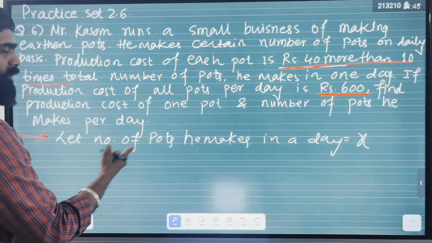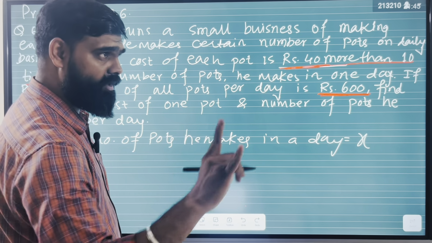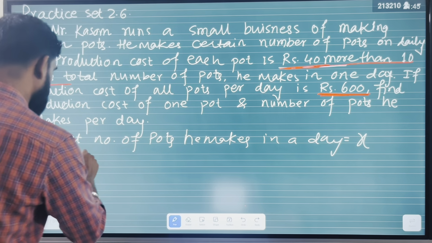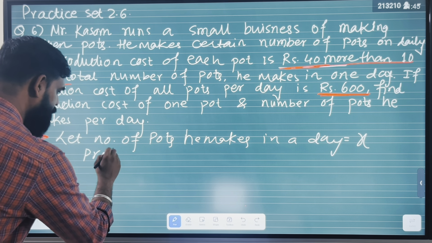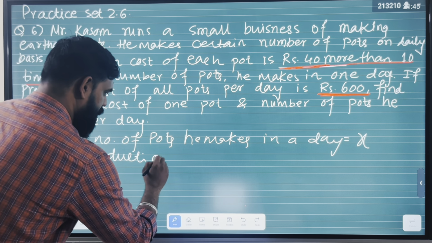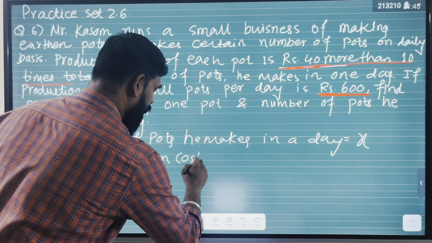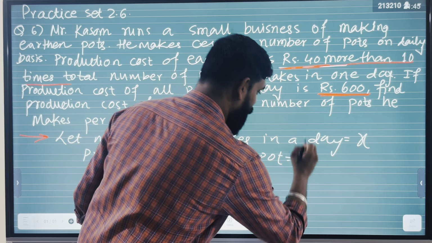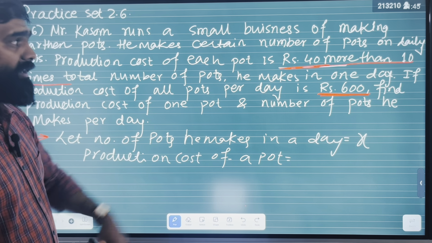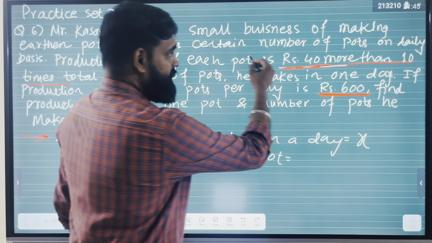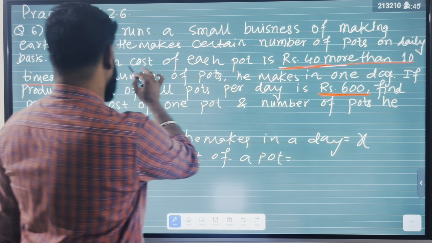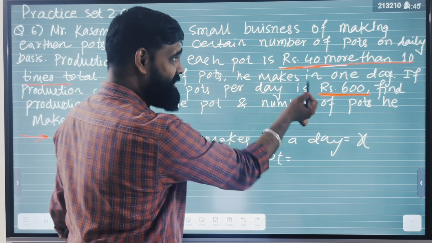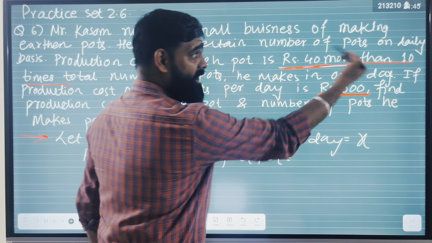Now we can calculate or we can find the production cost of one pot. Okay, so production cost of a pot will be, according to the condition, that is production cost of each pot is 40 more.